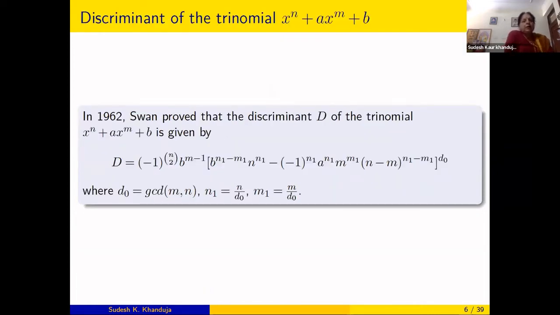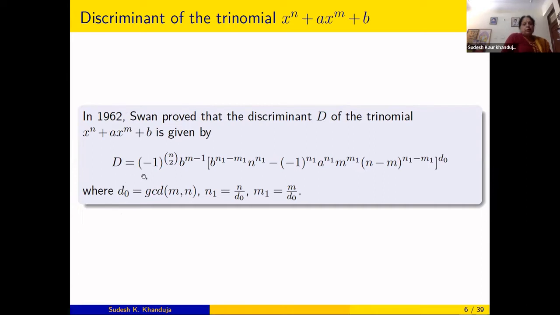Now, of course, it is but natural to extend this result to all irreducible trinomials over Z. For that, one needs the explicit calculation of the discriminant of a trinomial, and this explicit calculation was given by Swan in 1962.